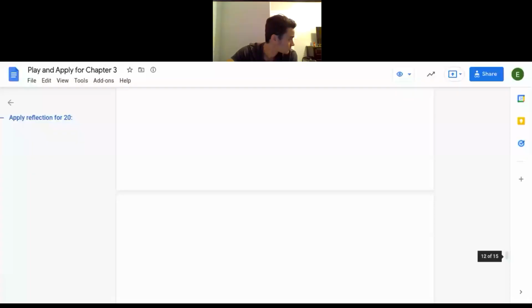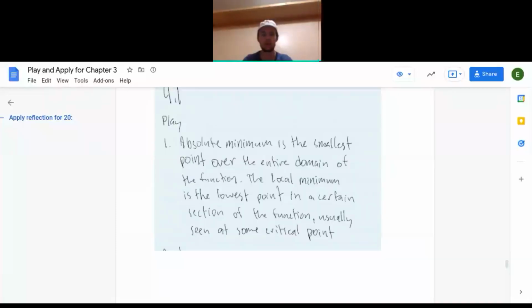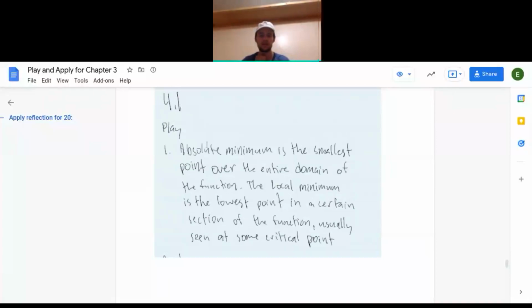Here we go. There it is. Okay, so I said it's the smallest point over the entire domain of the function, rather than the lowest critical point. Then for the local minimum, I said it's the lowest point in a certain section of the function, usually seen at some critical point.